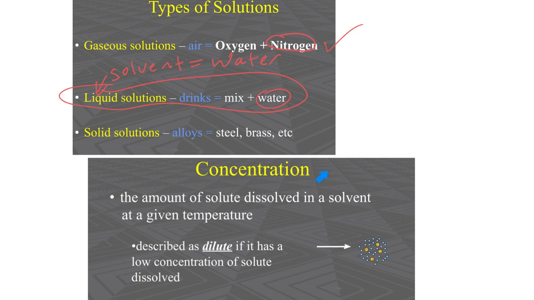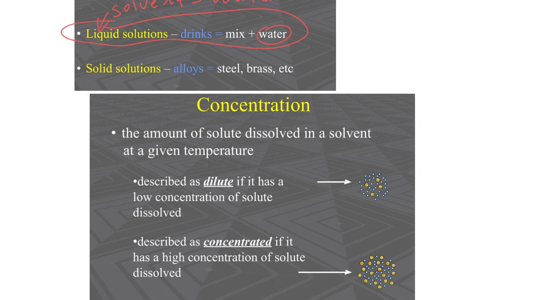Okay, the concentration of a solution. The concentration of a solution is like the amount of solute dissolved per solvent. So if there's a lot of solute dissolved, then the solution is considered concentrated. You can think of if you added sugar to your coffee, let's say, and you add a whole bunch of sugar, the water in the coffee dissolves that sugar, but it's really super sweet.